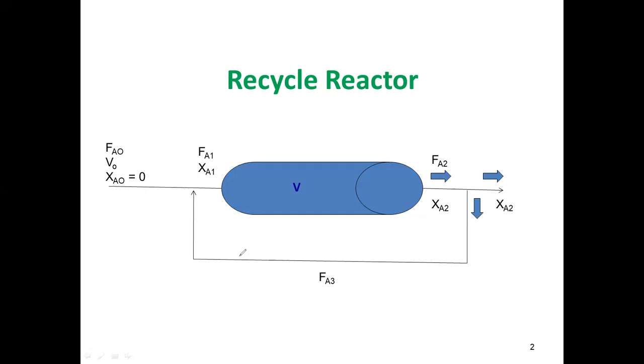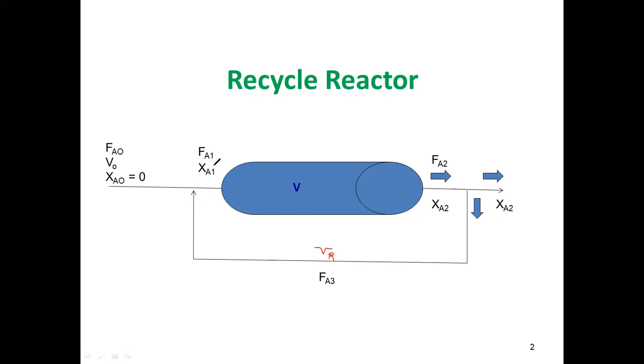This one is our recycle stream, so we will have the volume of this stream labeled as V sub R, R meaning recycle. And we have here the conversion XA1 of the stream, that now the total of these two streams that entered your plug flow reactor.